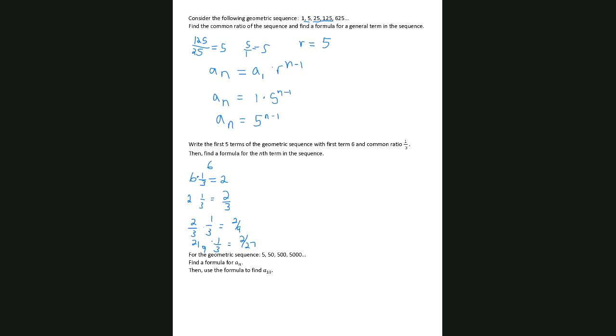So now let's find a formula for the nth term. So that's a sub n is equal to 6, the first term, times 1/3 raised to the n minus 1.